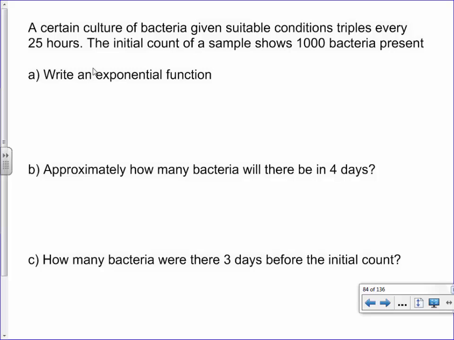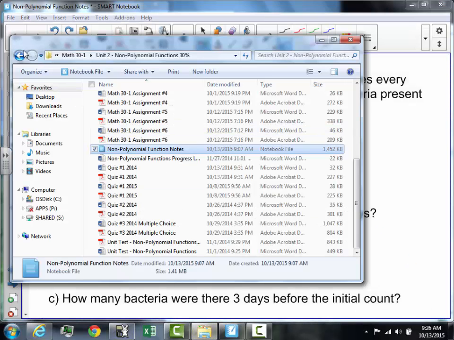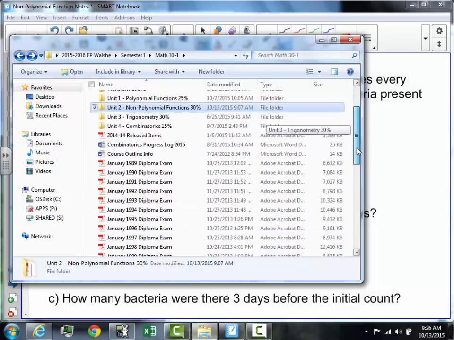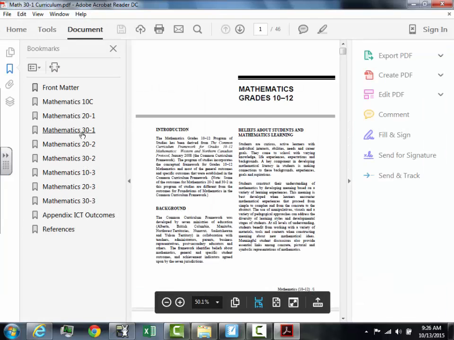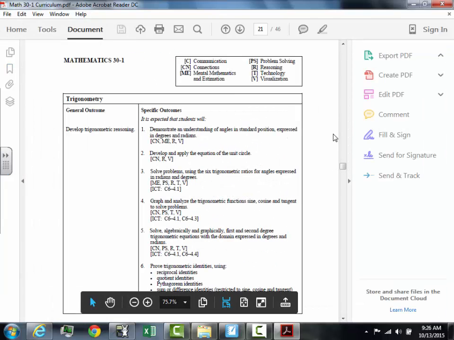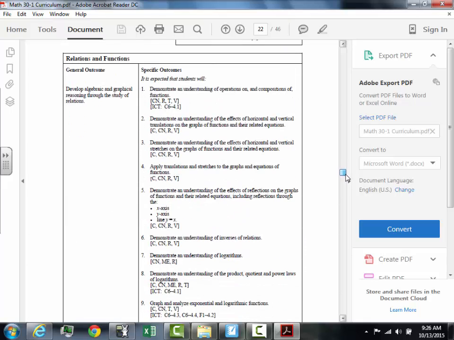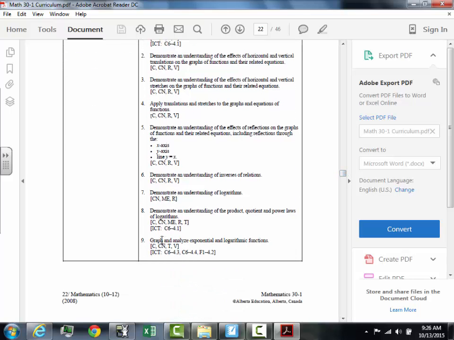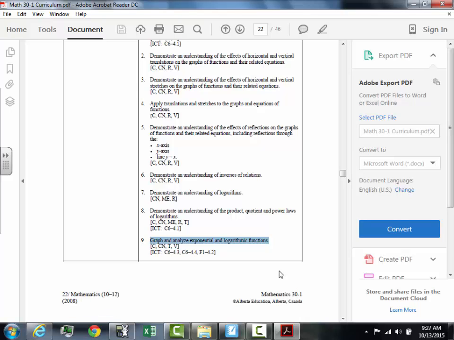So why don't I actually just show you the curriculum outcomes while we're talking about this. Just bear with me for a second to find them. Curriculum 30-1. Here's one of them. I don't know if you can see this all that well. Number 9 here, it says, can you graph and analyze exponential and logarithmic functions? It's fairly broad.